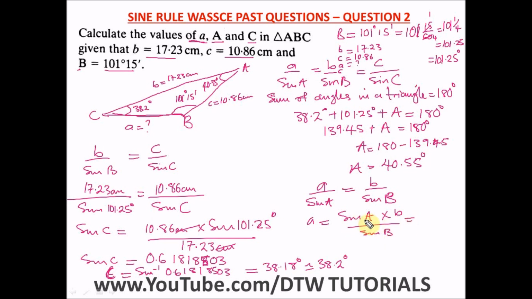So let's put in the values. What's sine A? This is our A, sine 40.55 times our B, which is 17.23 centimeters, divided by sine B. Sine B is sine 101.25.